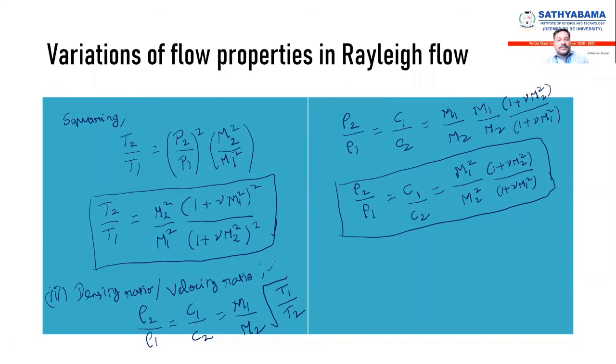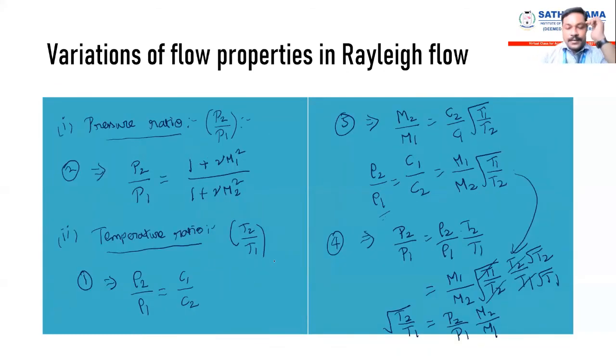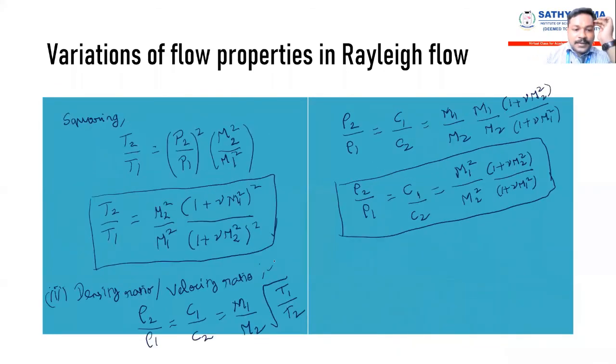You may get 2-mark, 8-mark and 16-mark questions as well, right? So we need all these statements and how they are derived. And next, after the density ratio and velocity ratio, we are going to derive another relation as the fourth one, the stagnation pressure ratio.